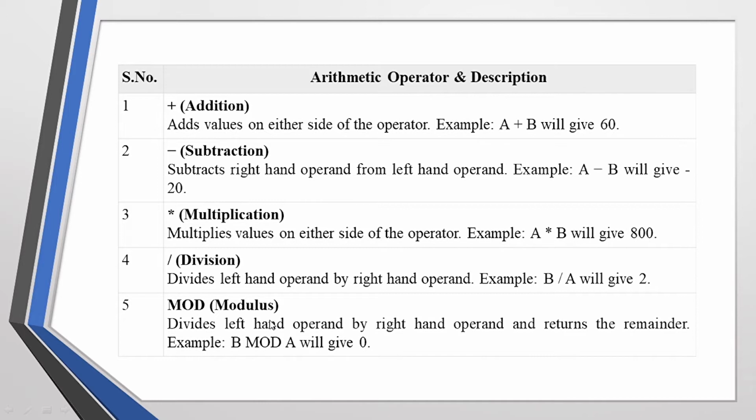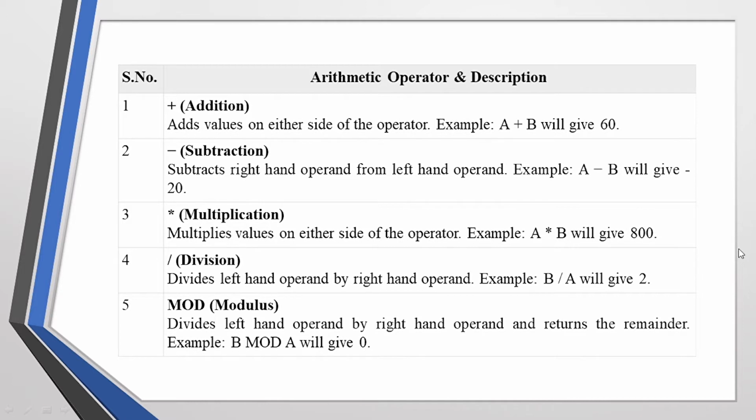We get the quotient as 5. But when you want the remaining value, for example, when you divide 25 by 3, what will you get? The remainder.